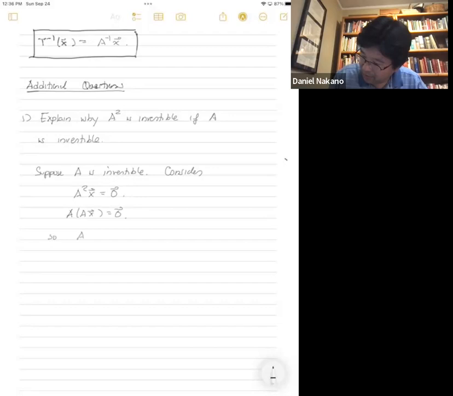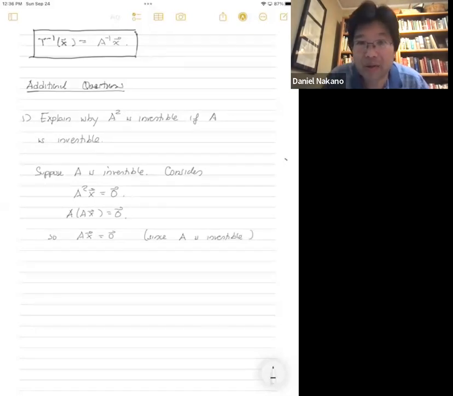So we know that Ax has to be 0 since A is invertible, right? Remember, A times y equals 0 has only the trivial solution. So the thing that's inside has to be the 0 solution. Now we just repeat it again.